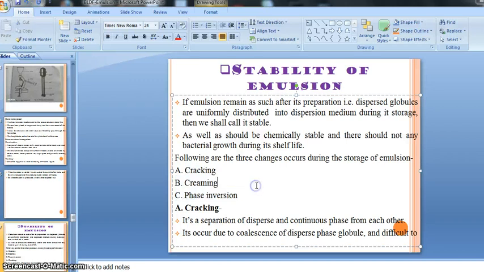So you should know how cracking occurs, what the meaning of cracking is, and what kind of factors are responsible for cracking, right. Similarly for creaming, why creaming is happening, what is the reason for creaming, and if creaming happens, what is the solution for that, right. As well as phase inversion. So these three kinds of changes occur in our emulsion. That's why we should have thorough knowledge of it.